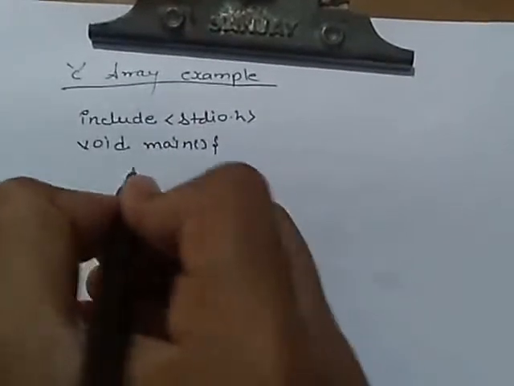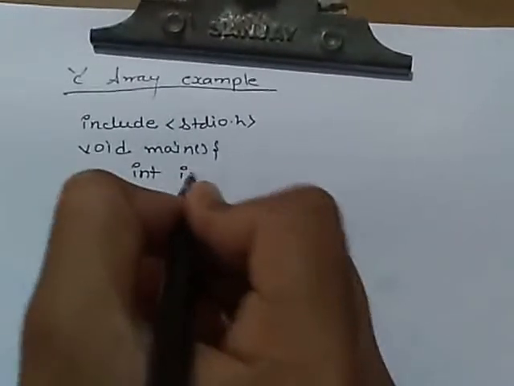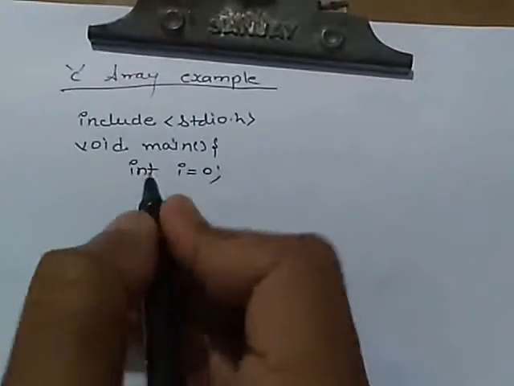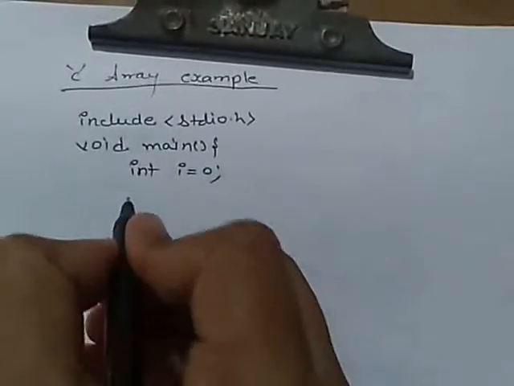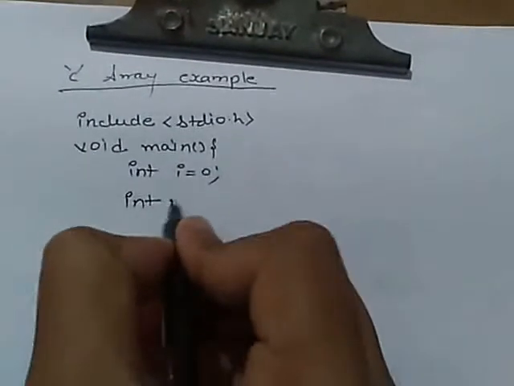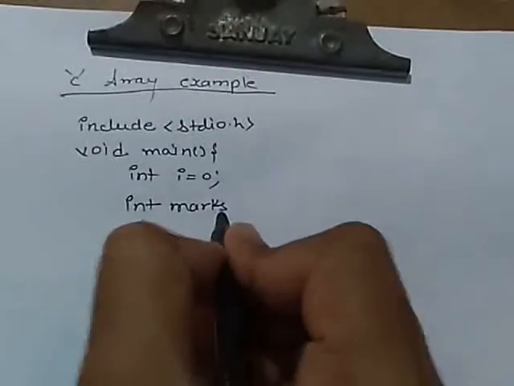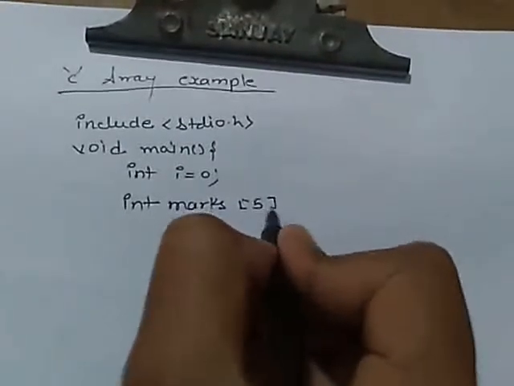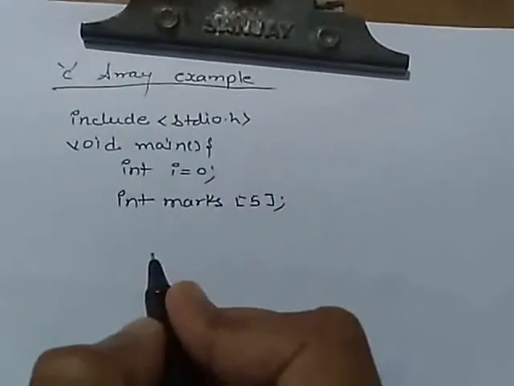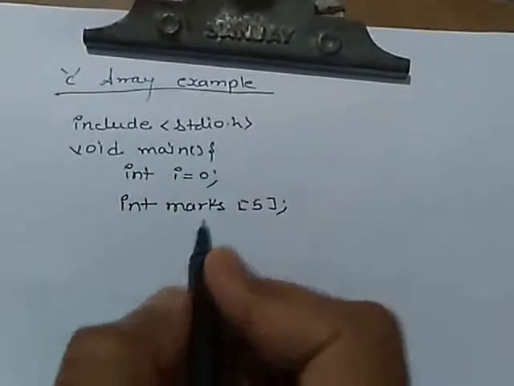Inside the main function take a variable i. Now declare an array to save the marks of 5 students.